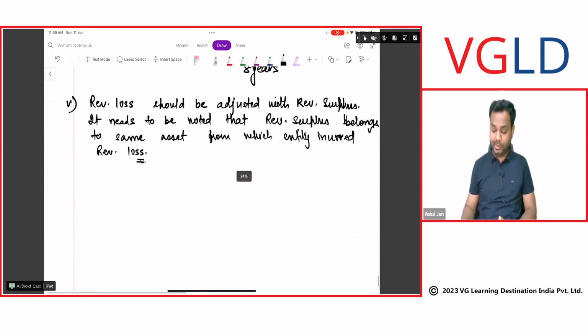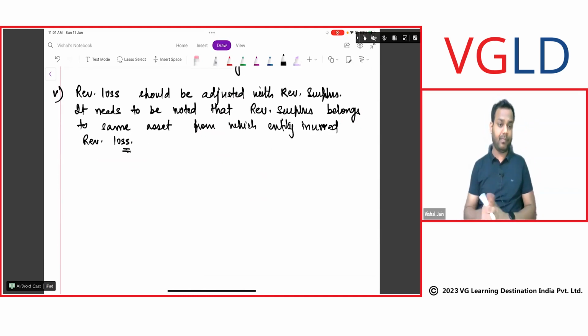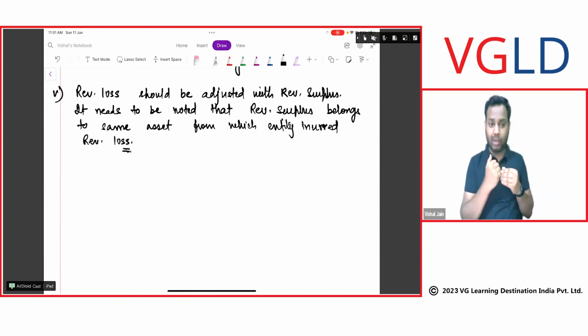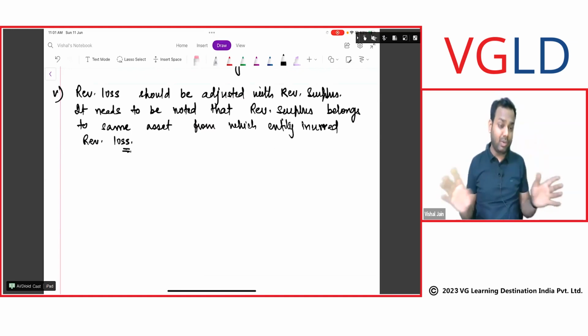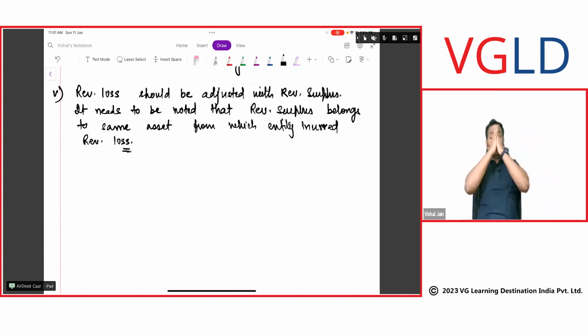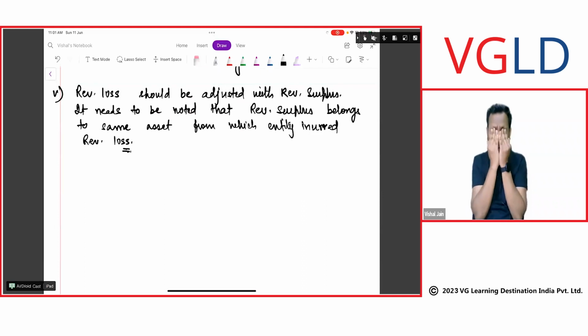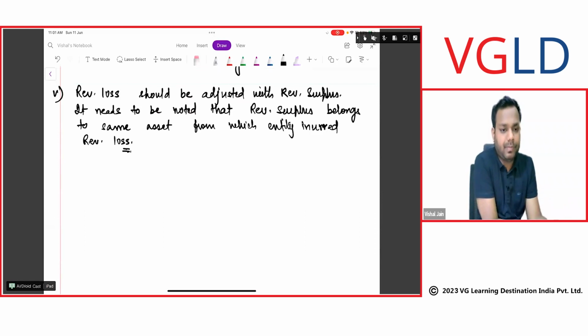Okay, is this point clear, everyone? You can adjust your revaluation loss with revaluation reserve, but for the same asset. If a revaluation reserve for other assets exists in the balance sheet, you cannot do that adjustment. For the same asset. Anyone having any queries so far? For a single asset, not for a class of assets. I'm talking about a single asset.